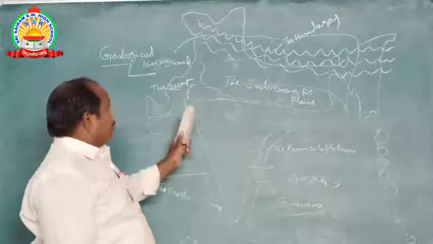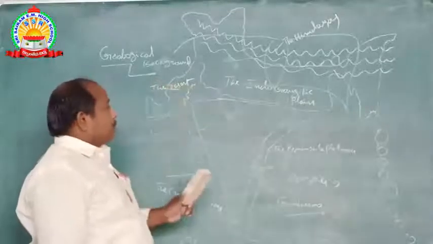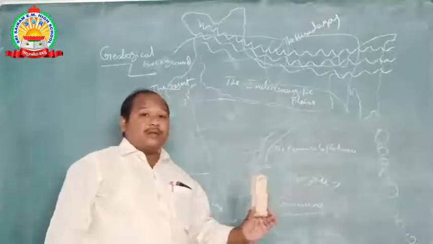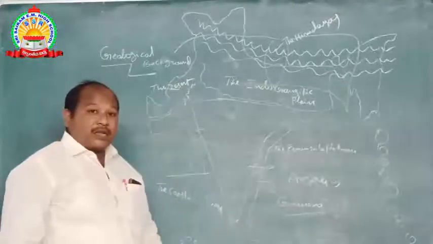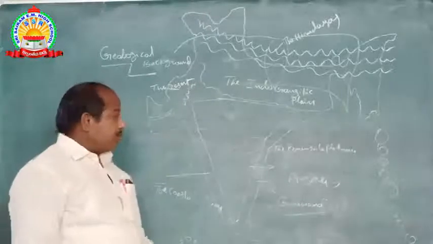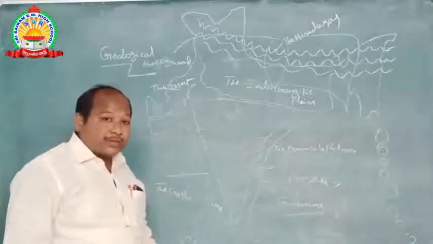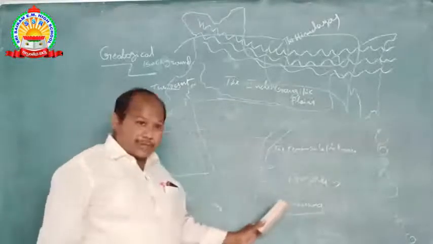Next, the desert is here. India depends totally on rainfall based on monsoons. There are two types of monsoons giving rainfall: the southwest monsoons and the northeast monsoons.